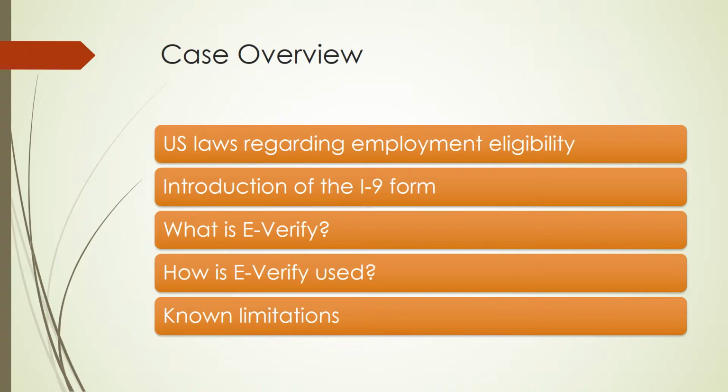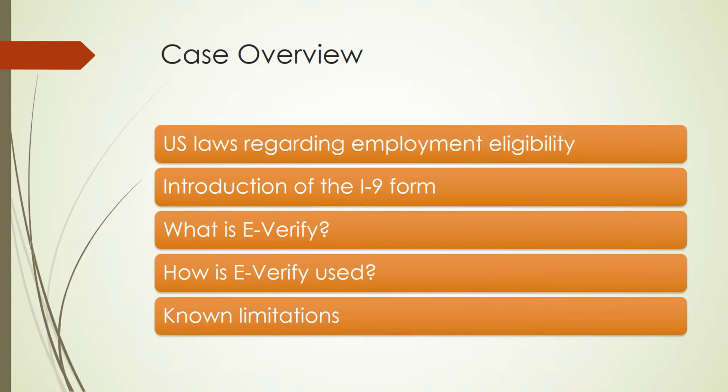So the case overview. We'll be going over some key points in the case: U.S. laws regarding employment eligibility, the introduction of the I-9 form, what is E-Verify, how is E-Verify used, and some known limitations of the E-Verify system.